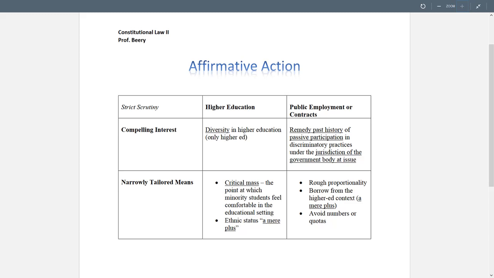As your interest. And again, we borrow from the education cases. To the extent possible, you want to avoid numbers in terms of the means, and look at somebody's ethnicity as a mere plus, in terms of competing applications for whatever, a bid or employment.